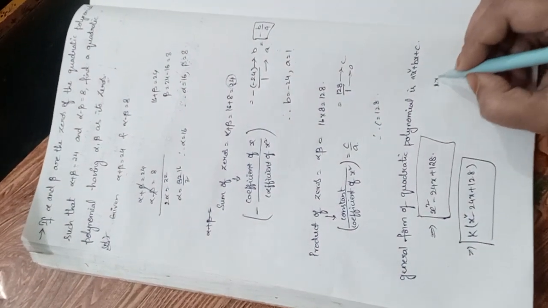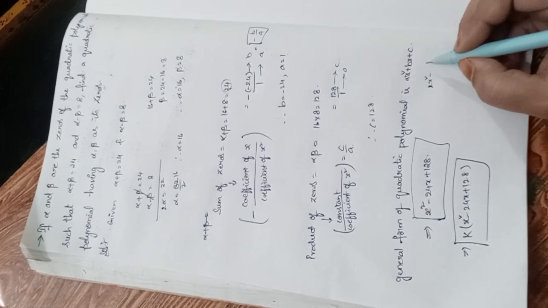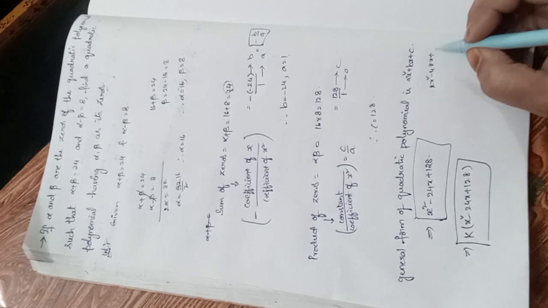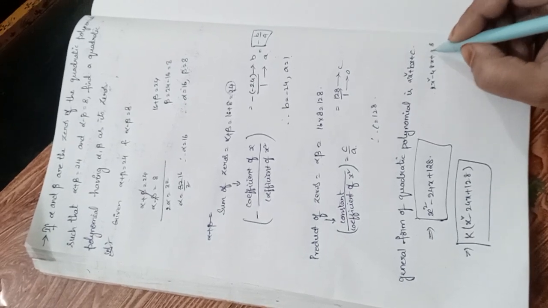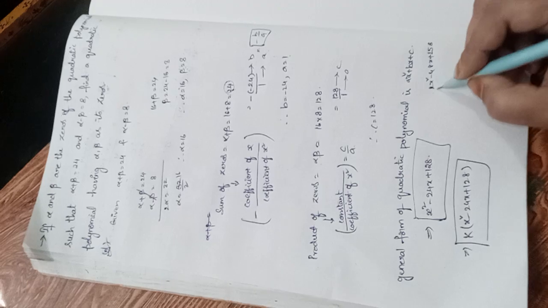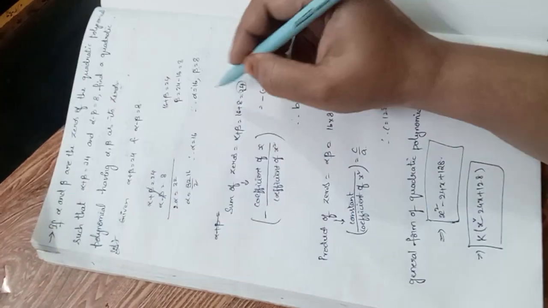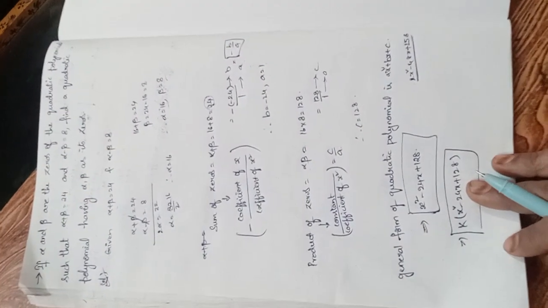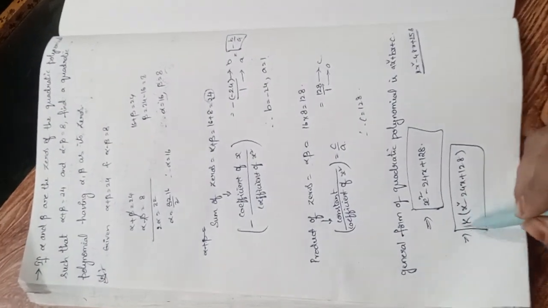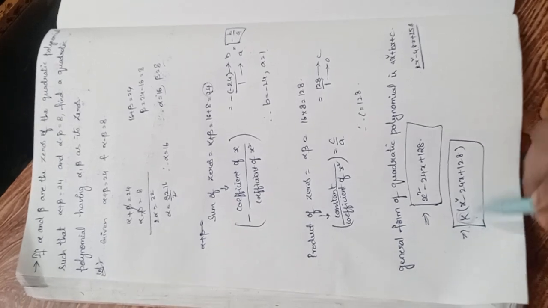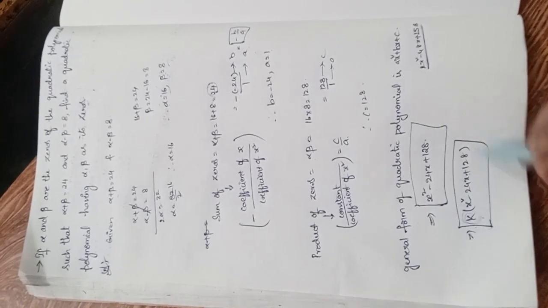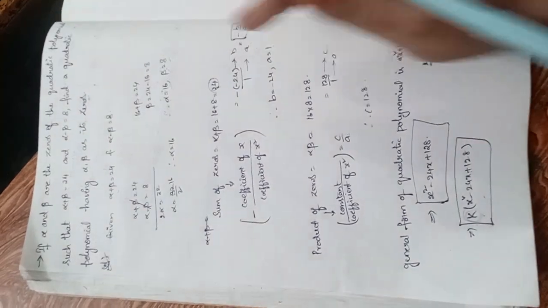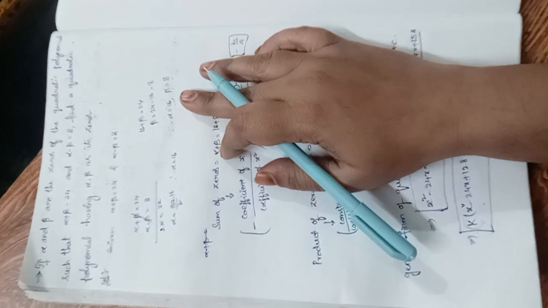What you will get? 2x square minus 48x plus 128 into 2, which is 256. For this polynomial also these two are the zeros. Understood? So here we took one more constant which, when multiplied to the polynomial, whatever polynomial you get, for all of those these two will also be the zeros of that particular polynomial.